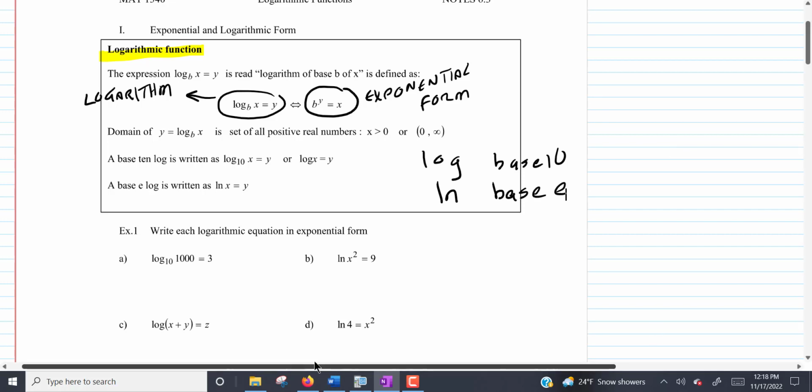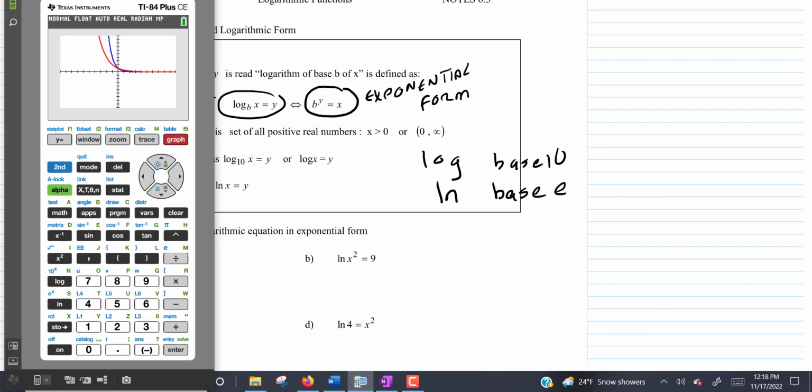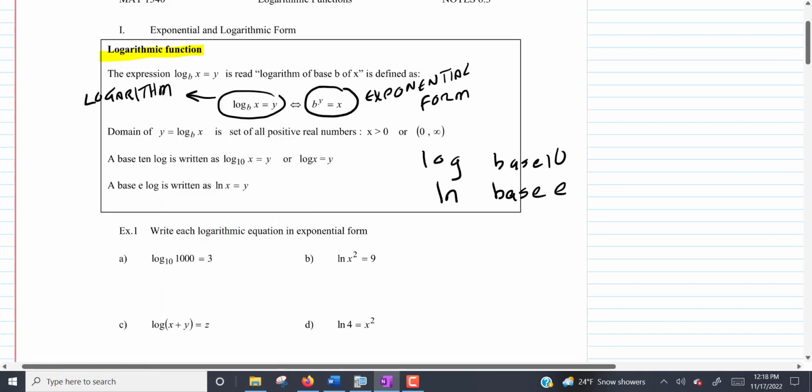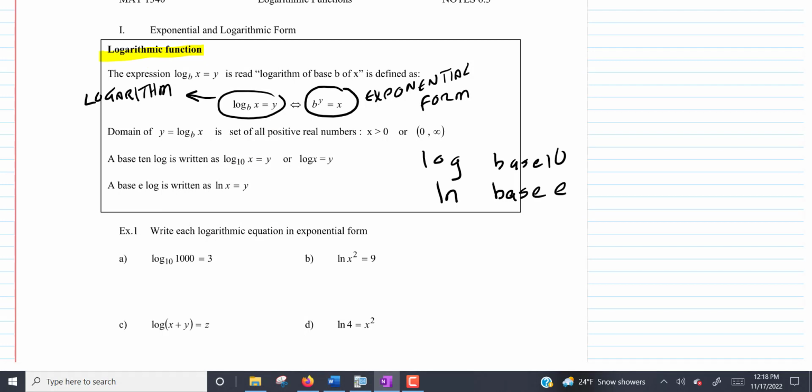Your calculator has a log button that just does a base 10 log, and ln does a base e log. Any other base has to be done differently, although a TI-84 will do any base. I'll show you how to do that.